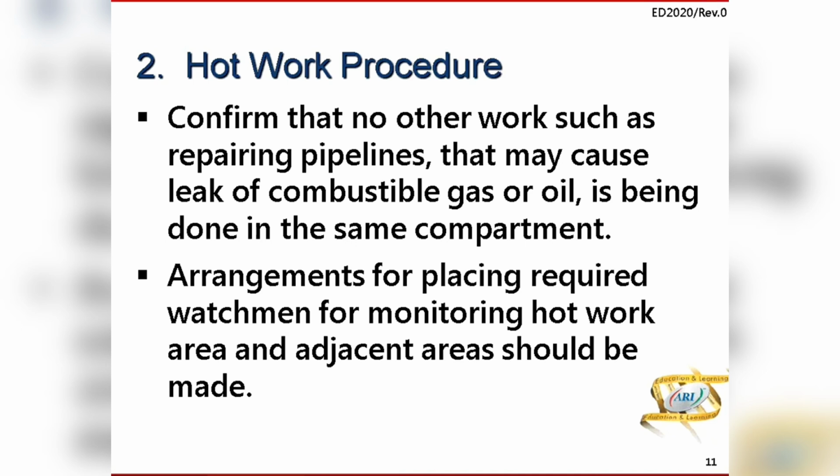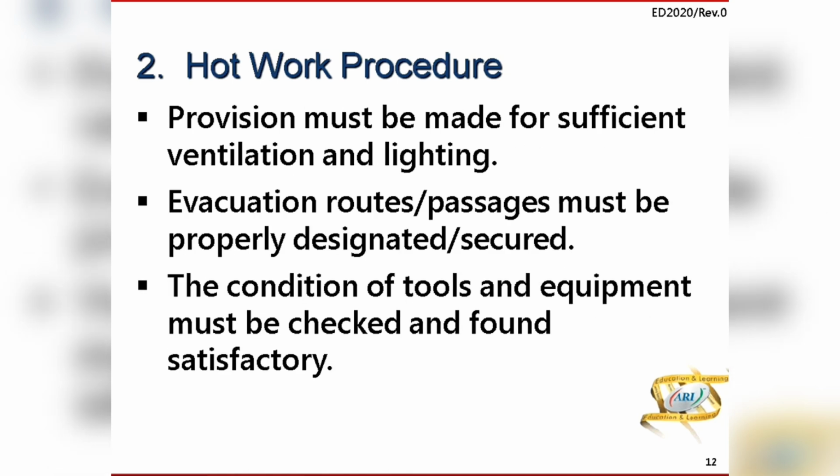Arrangements for placing required watchmen for monitoring the hot work area and adjacent areas should be made. Provision should be made for sufficient ventilation and lighting. Evacuation routes or emergency exits and passageways should be properly designated or secured.